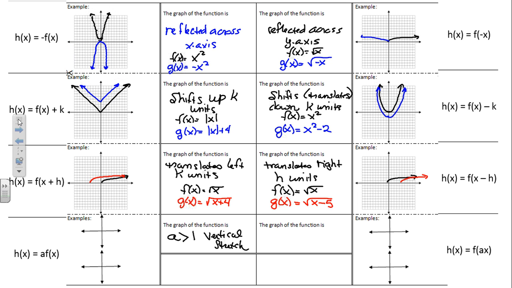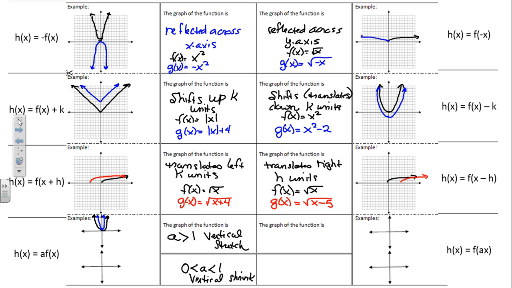Okay? And when a is between 0 and 1, a fraction, it is a vertical shrink. So parabola might be a good one to show on this one. If our original looks like this, when a is greater than 1, it's going to be pulled up faster.